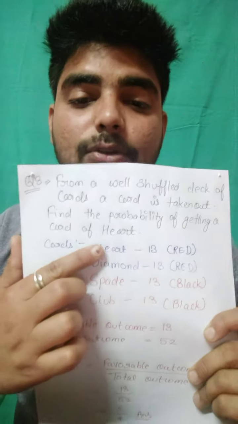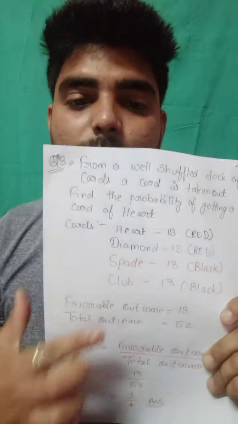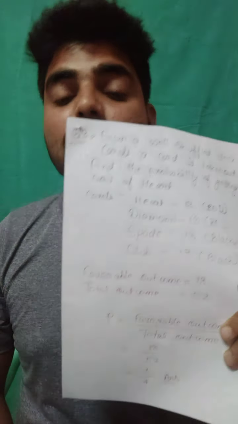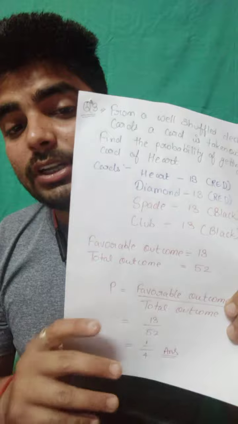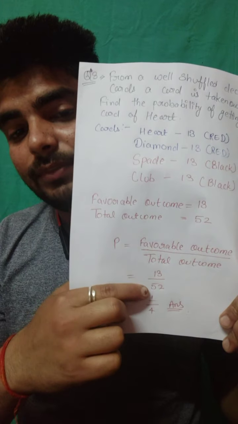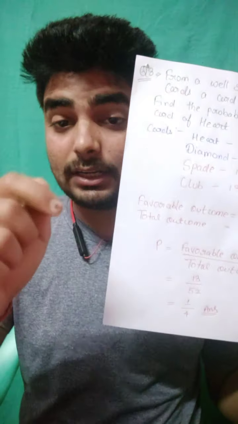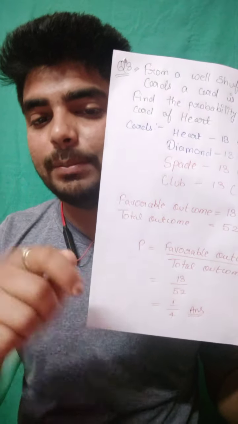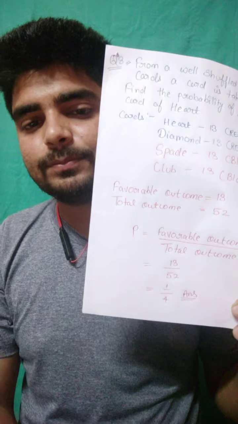It means we have 13 cards of heart. So favorable outcome will be 13 and total outcome, meaning the total number of cards, is 52. So the probability of getting a heart is favorable outcome, that is 13, upon 52, that is total outcome. So the probability of getting a heart card by picking out from the deck is 1 upon 4.